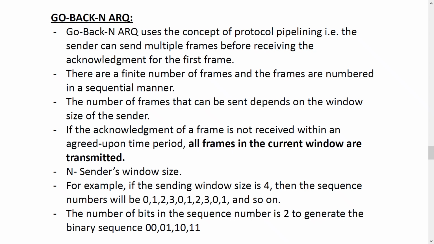But yes, I understand this can improve the throughput, but unfortunately, if one of the frames within the sliding window was received in error, was not received correctly by the receiver, then all the frames in the current window are retransmitted again. All the frames, the ones after and before the error.